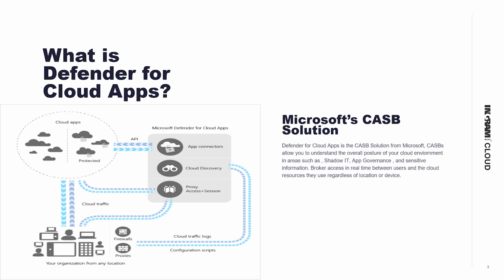You can ensure sensitive information is protected regardless of app, third-party apps, and a lot more. CASBs essentially act as a gatekeeper to broker access between your users and the services that they're using in real time, regardless of the device and regardless of your user's location.